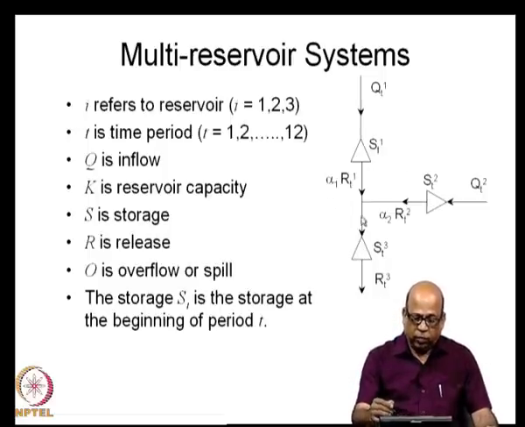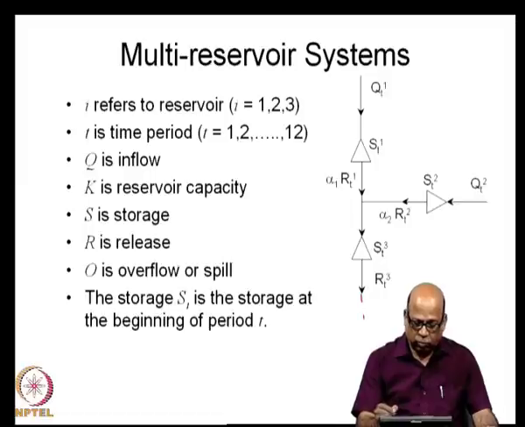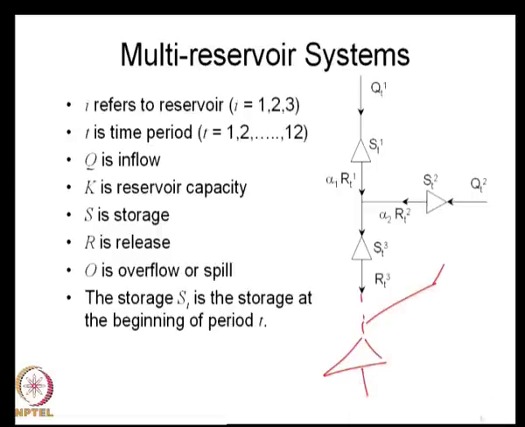If you have another reservoir, let us say that from the 3rd reservoir you are also going to downstream and then putting another reservoir here, and then to this reservoir there is another reservoir that is contributing. Let us say that you have this kind of a reservoir coming here.